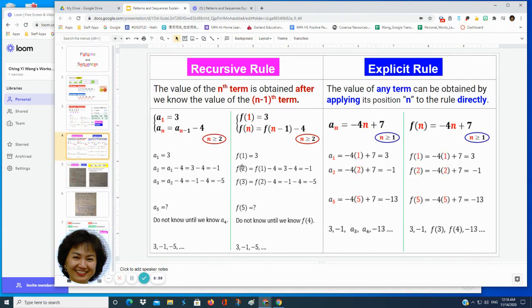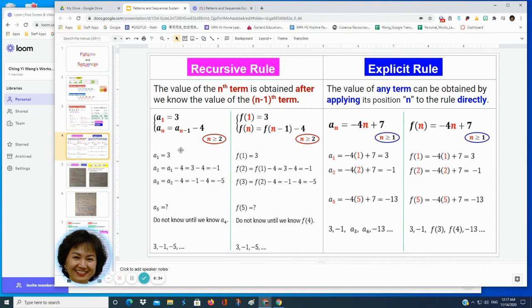Here we have more examples of the recursive rule and the explicit rule. For the recursive rule, the value of the nth term is obtained after we know the value of the (n minus 1)th term. Like in this example, if we want to find a sub 5, we cannot find that directly. We have to start from a sub 1, then we get a sub 2 from a sub 1, then we get a sub 3 from a sub 2.